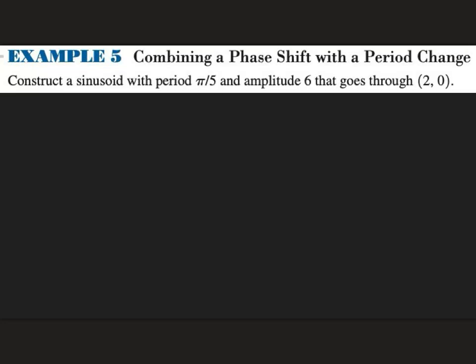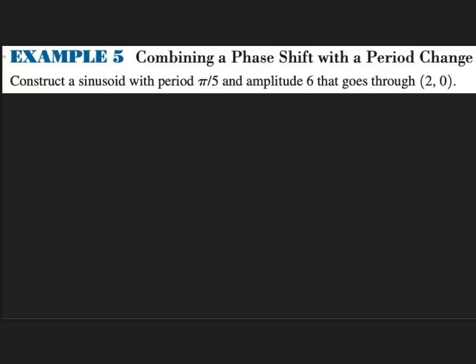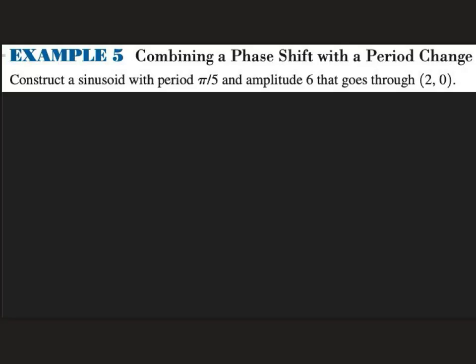Okay, now let's look at this example. Construct a sinusoid with a period of pi over 5 and an amplitude of 6 that goes through (2, 0). So our new period is pi over 5. The new period equals the old period divided by the b.